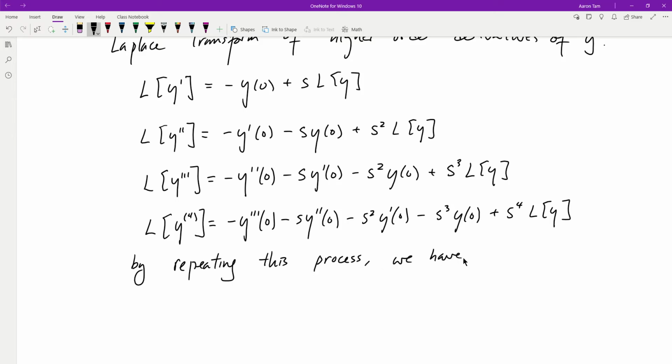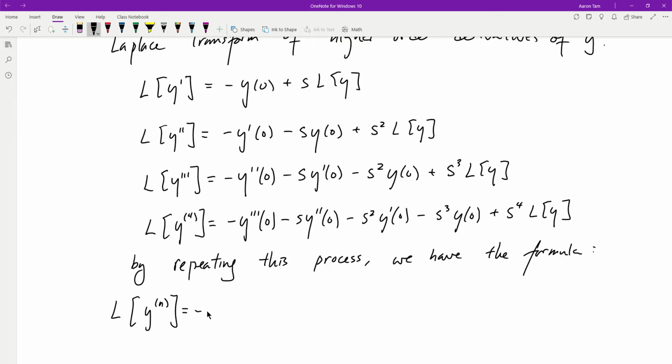We have the following formulas that will allow us to deal with Laplace transform of y to any derivative. Laplace transform of y to the nth derivative.